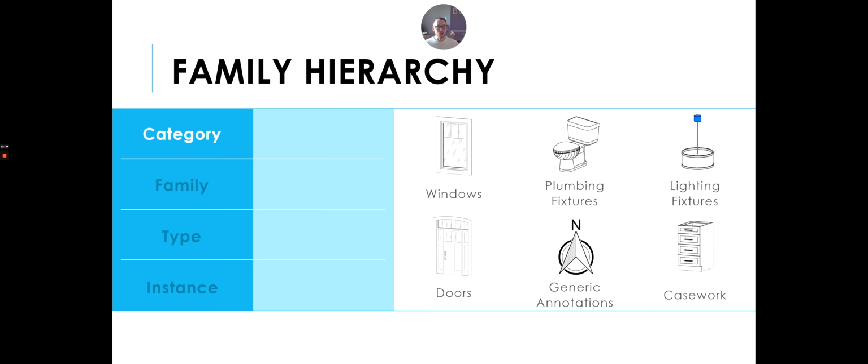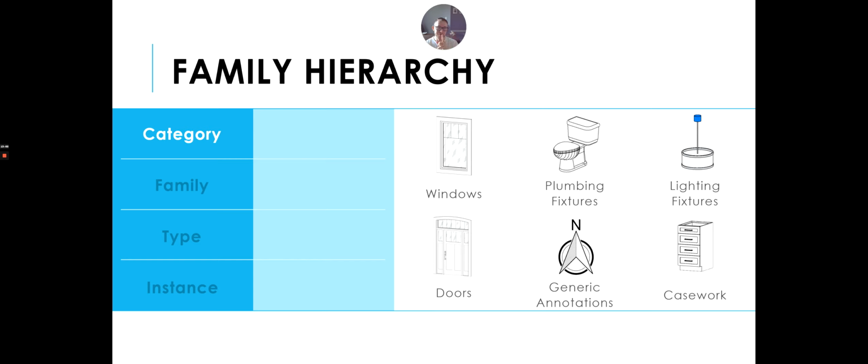There's the category of family. That's the highest part of the hierarchy. And the hierarchy matters because in Revit, when you go into a view, for example, into the visibility graphics panel, like I showed you before, and you turn off a category of element, like we turned off the reference planes, that's because that's the category of that family.